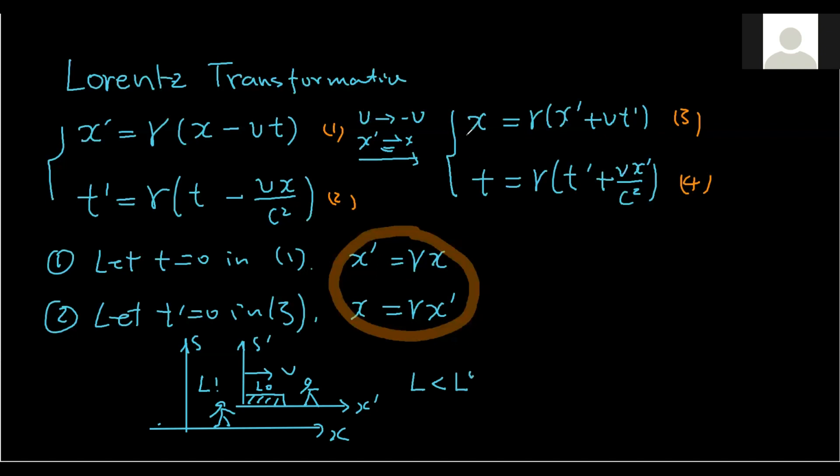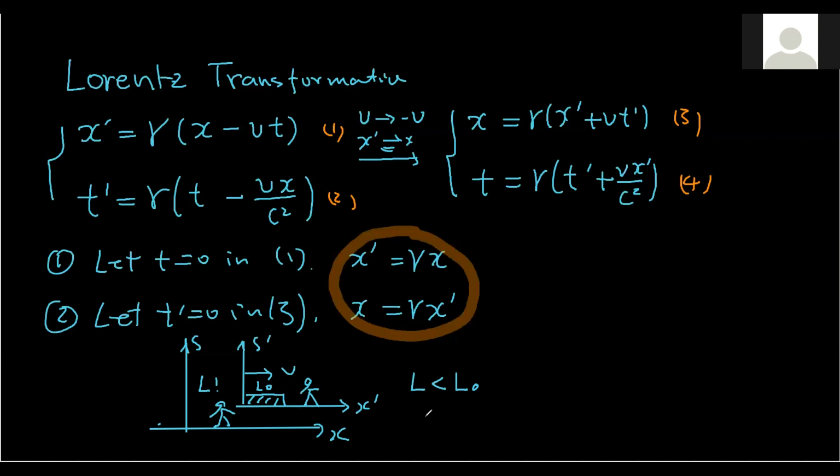That's how the contradiction happened. Why? Because the proper length is the length which moves together with this guy.